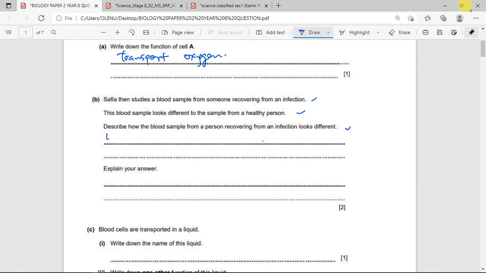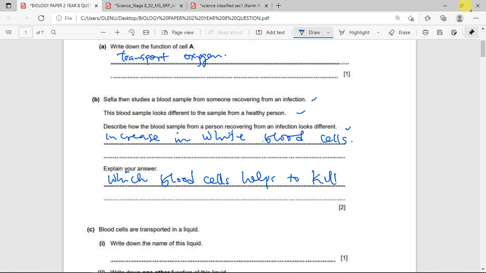The answer is there will be an increase in white blood cells, because white blood cells help to fight infections and kill pathogens. That's all.